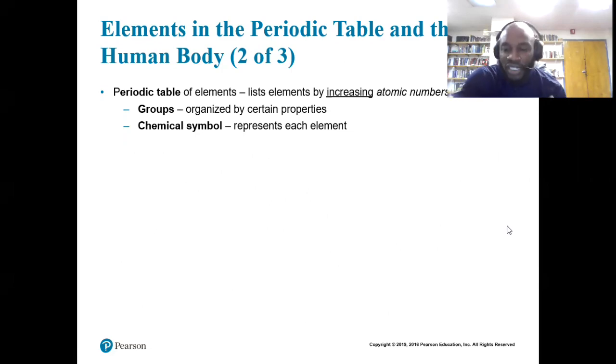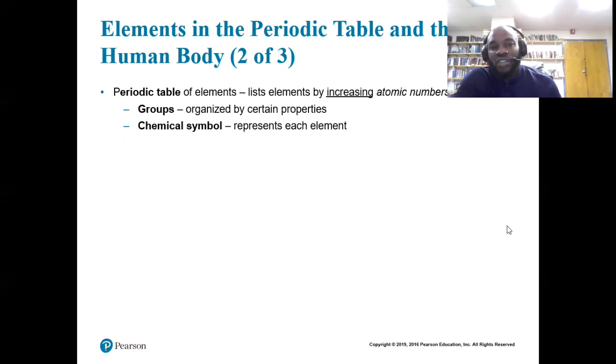So how many protons it has basically decides what it is, and that's not going to change. We list those by their atomic number, and then we also give them a name as well. We start off with 1 and we just keep going up.